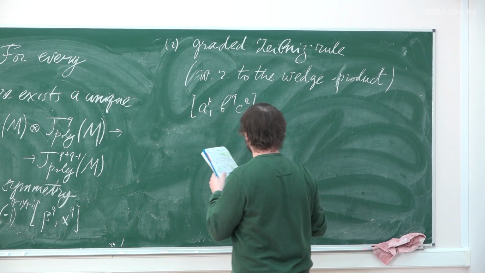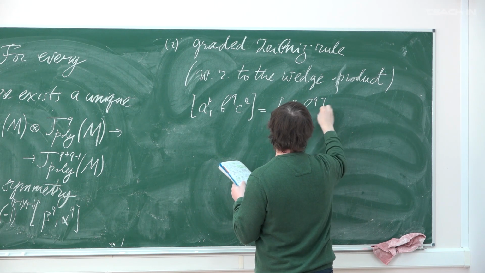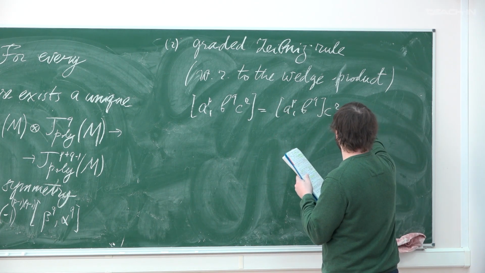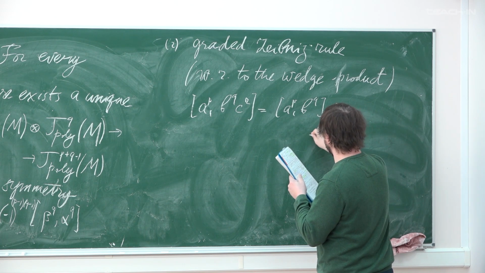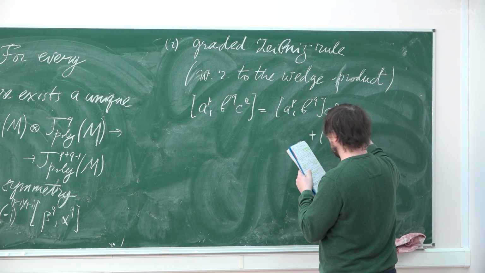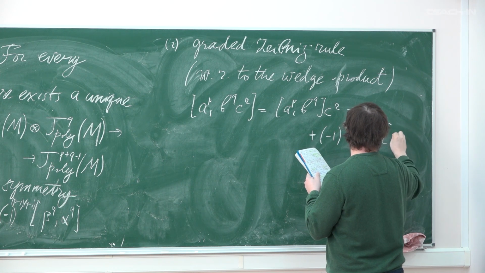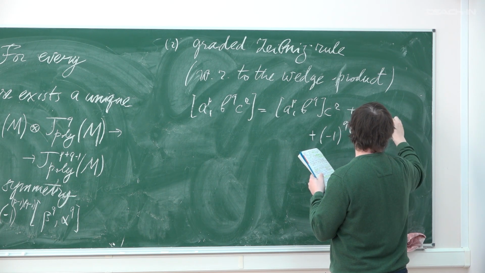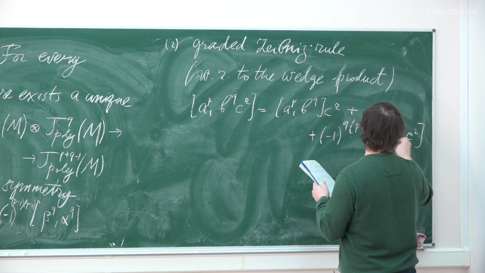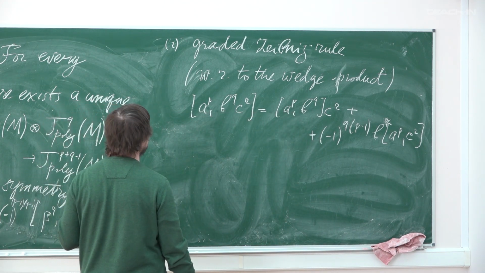What you have here is first [A, B] C, so no sign emerges here, but then we need to introduce a sign in the second term: (-1) to the power q times (p - 1), B [A, C]. I hope I haven't made any mistake here. So that's condition number 2.